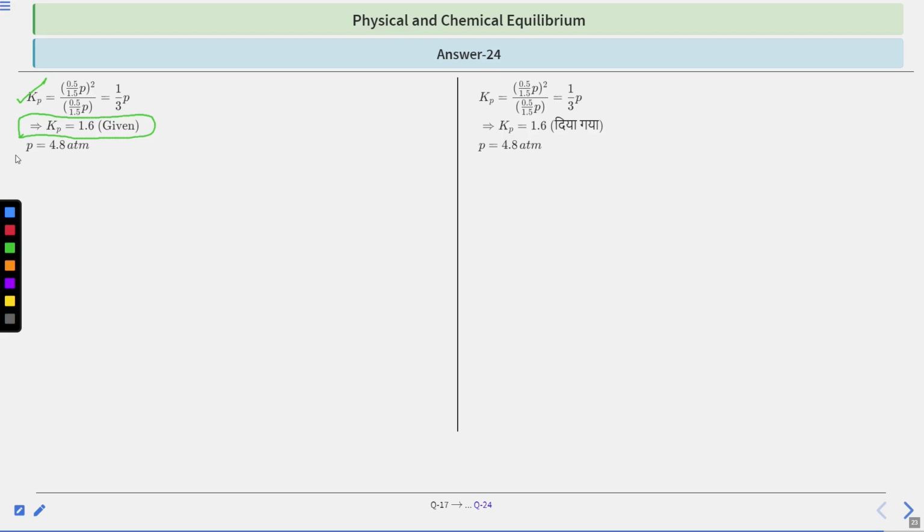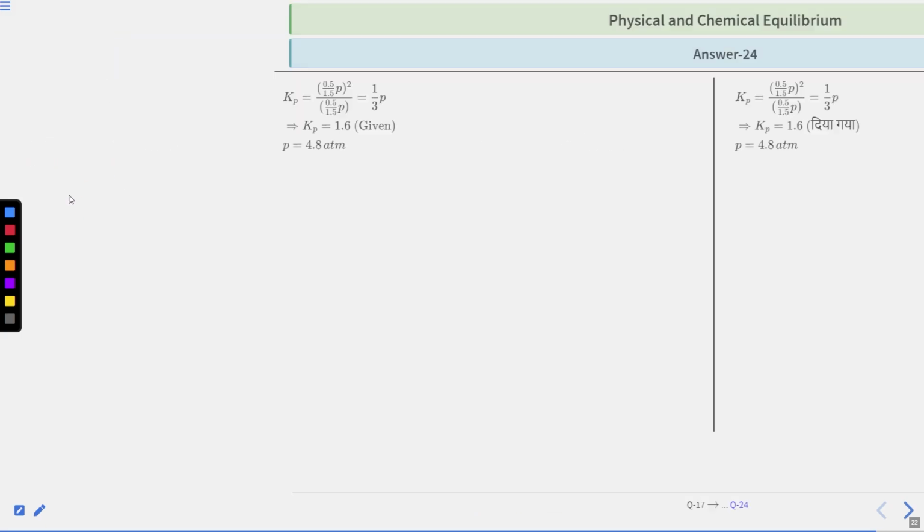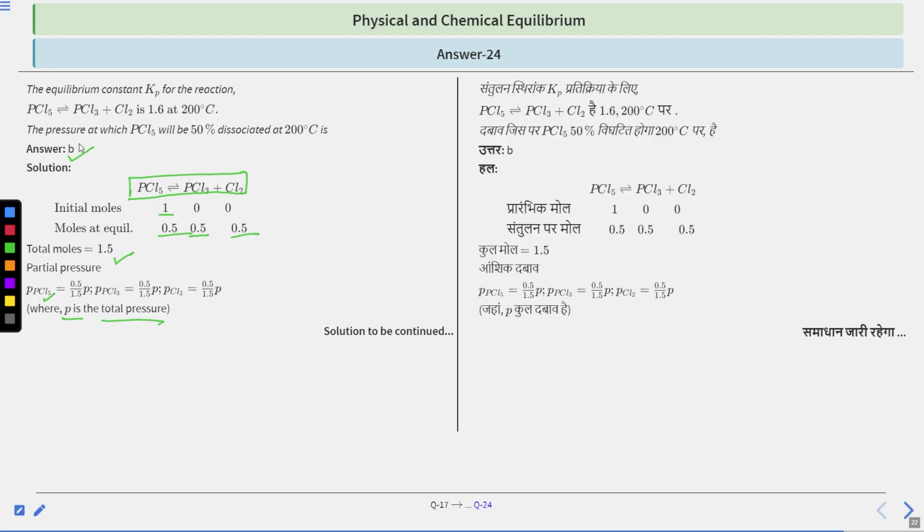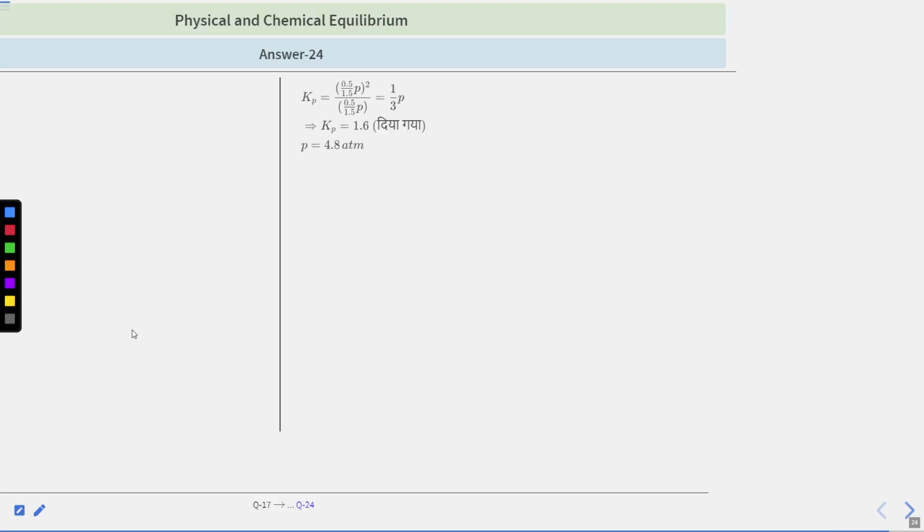So on equating Kp equals 1 by 3 P and putting Kp equals 1.6, we have 1.6 equals 1 by 3 P, so P will become 3 into 1.6, which is 4.8. So P is 4.8 atmosphere, and hence we have our correct option as option number B. Okay, thank you.